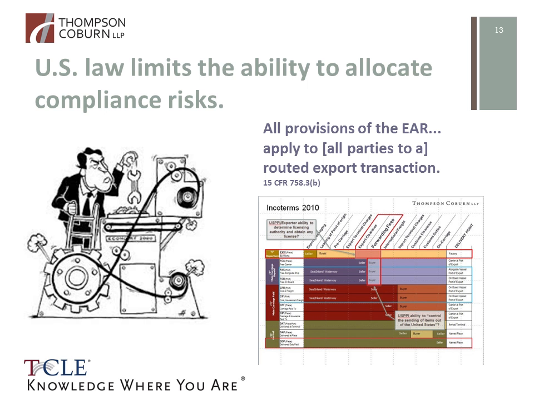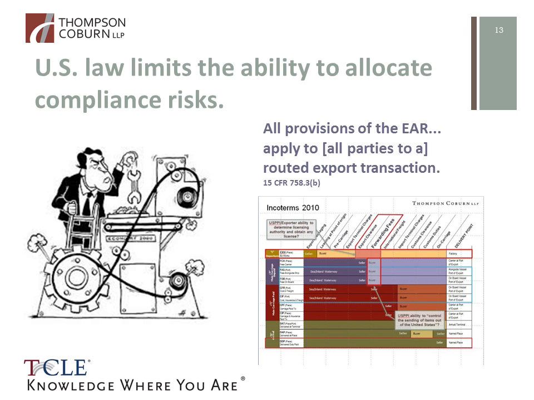I have here all the parties to a routed export transaction, and I'll define that term as we go on. But the main point here is that the seller of goods in the United States retains responsibility and export control obligations in nearly all circumstances. They can limit them, but they retain some responsibility if you are entering into this international transaction.